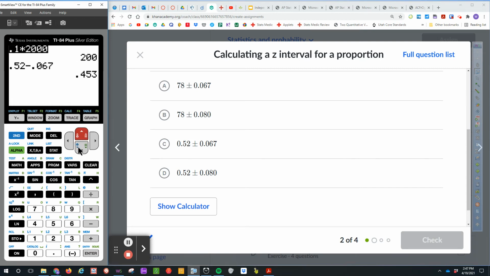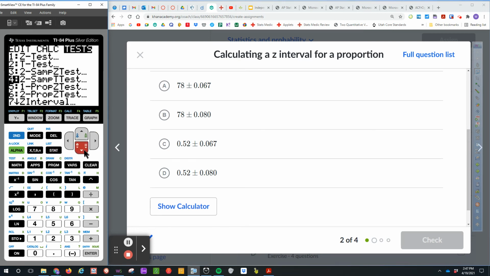Well, I need to actually see if that's correct. And then take 0.52 plus 0.067, so 0.587. So what was the answer that I got?